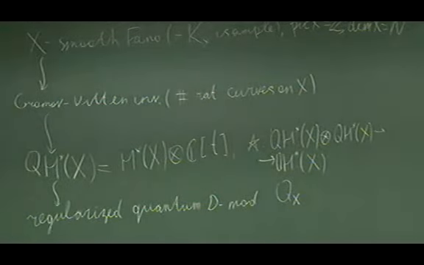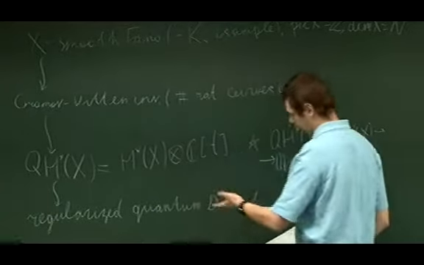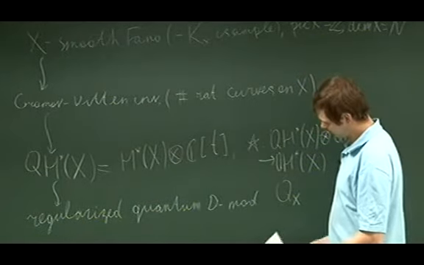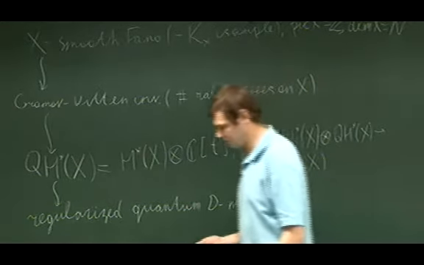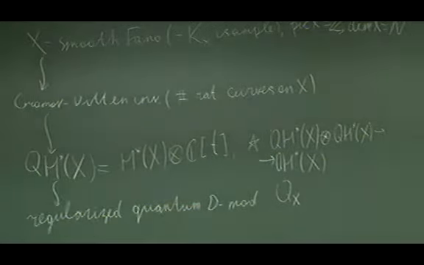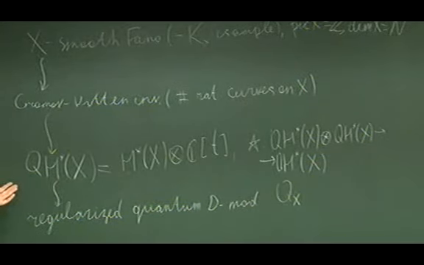Sections of this trivial vector bundle are just these polynomials or formal power series. The module means that we need to define how to differentiate, how the derivative acts on sections.